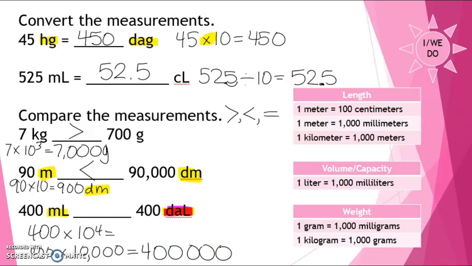That's a huge number, isn't it, boys and girls? And I placed my decimal in the wrong place. So that's 4 million milliliters. Whoa. That's definitely greater than 400 milliliters.